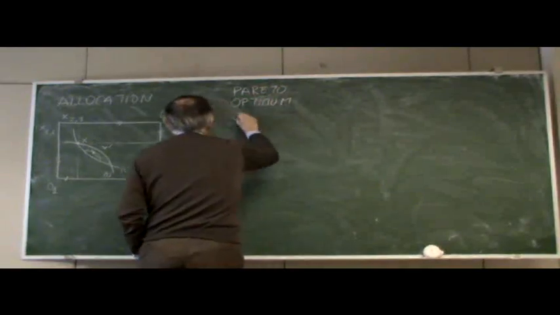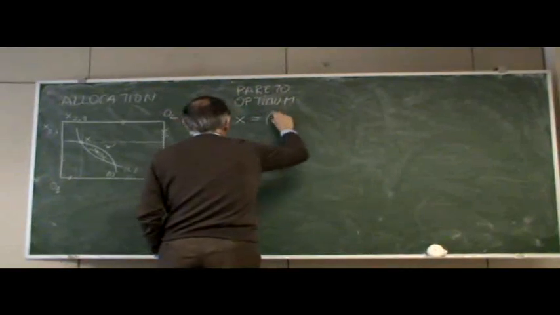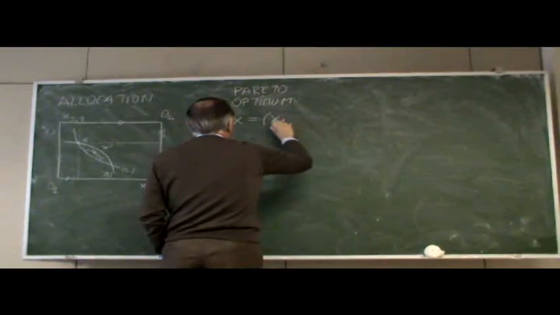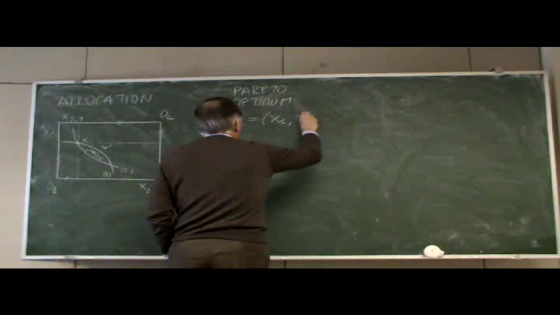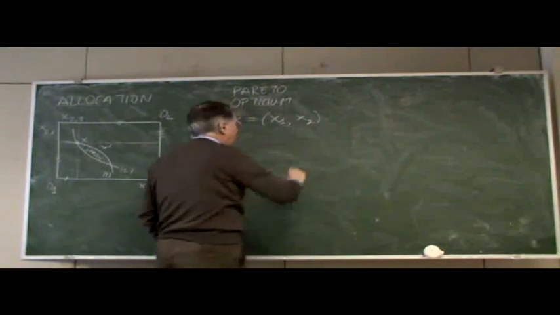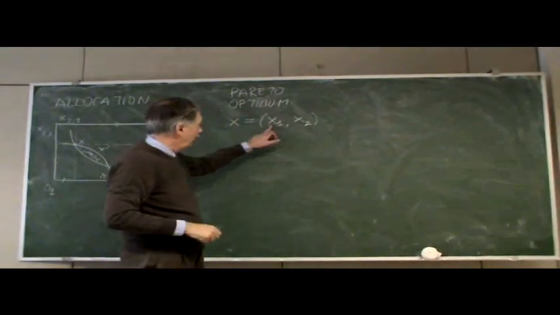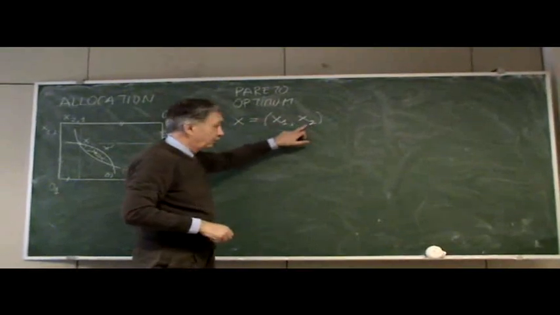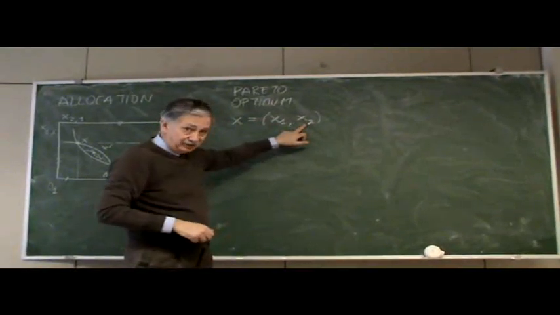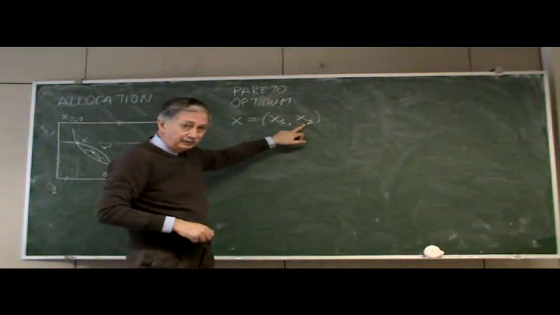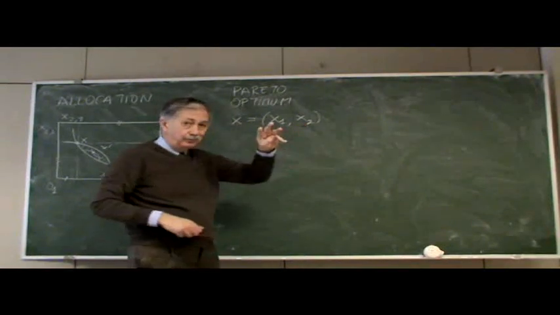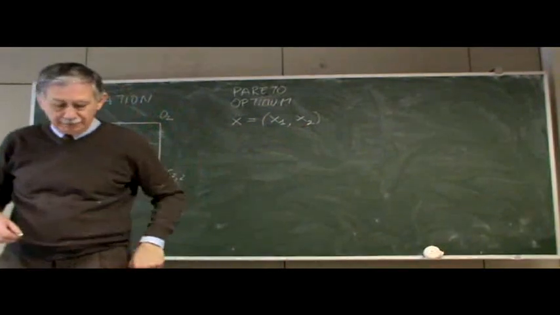This is an allocation X which guarantees to the first consumer the bundle X1 and to the second consumer the bundle X2. Note that these X1 and X2 are vectors, 2-component vectors. So X is a 4-component vector.